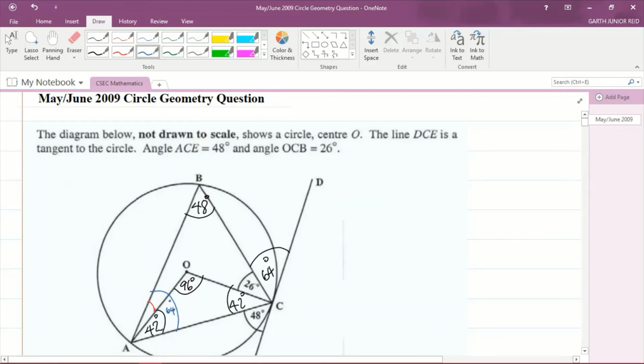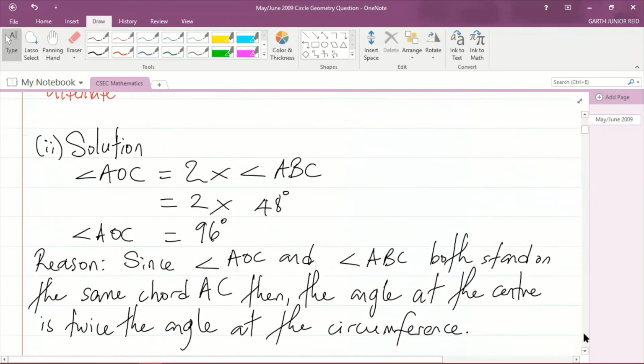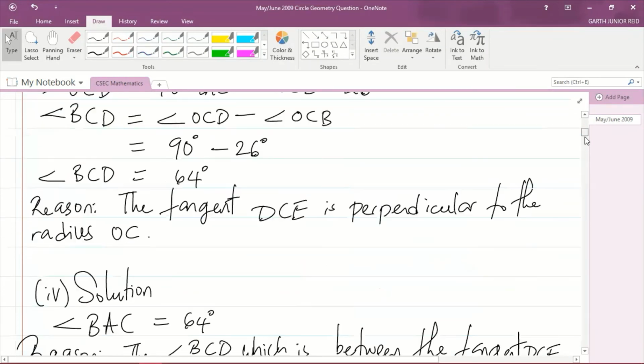So if I know that the angle BAC is 64 degrees and the angle OAC is 42 degrees, then it means that the angle OAB here in the red is going to be equal to the bigger angle, which is the 64 degrees, minus the smaller angle, which is 42 degrees. So let us write our solution down here.